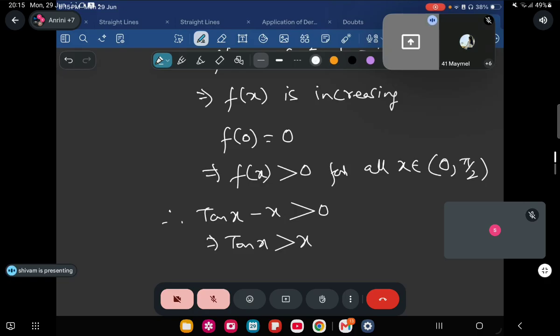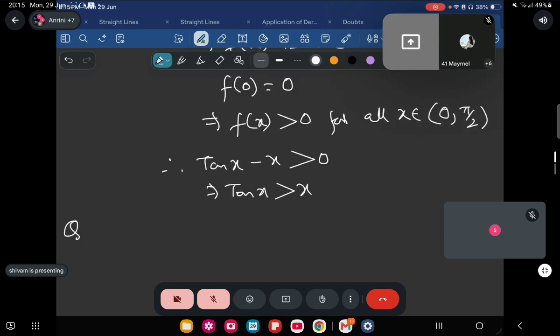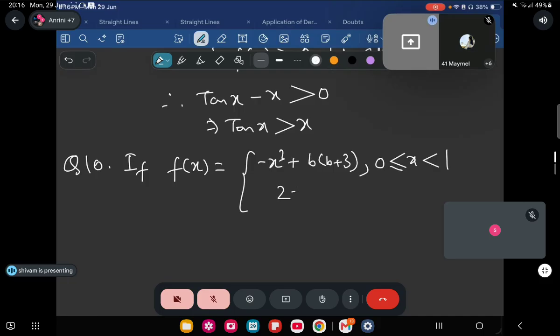Question number 10. If f of x equal to minus x cube plus b into b plus 3 for all x greater than or equal to 0, less than 1, and 2x minus 3 for all x greater than or equal to 1, less than or equal to 3.